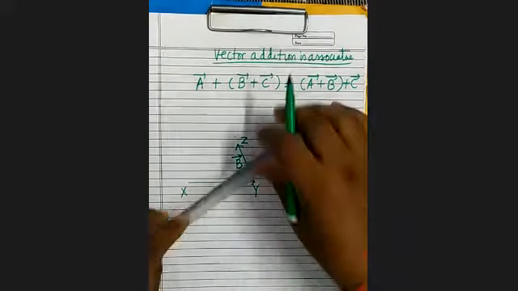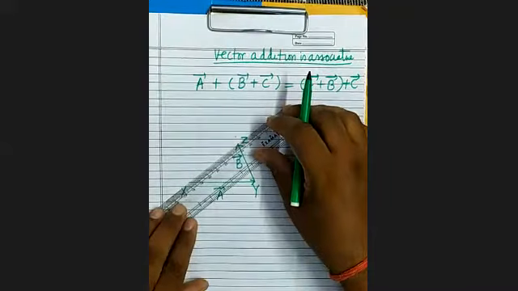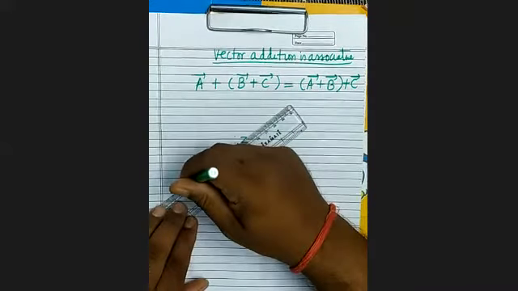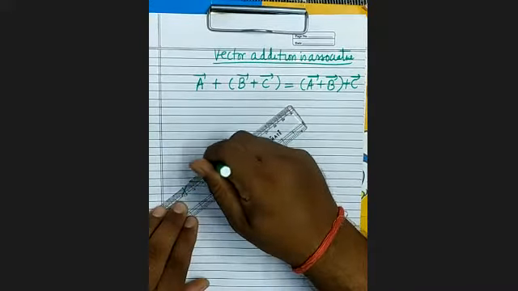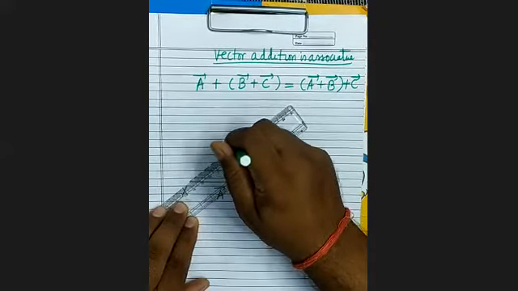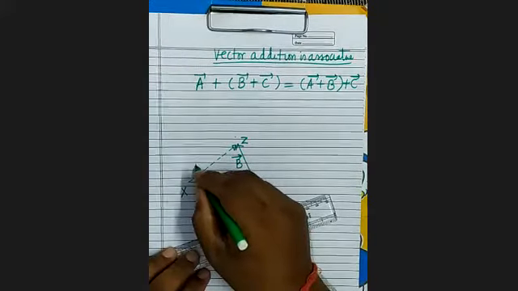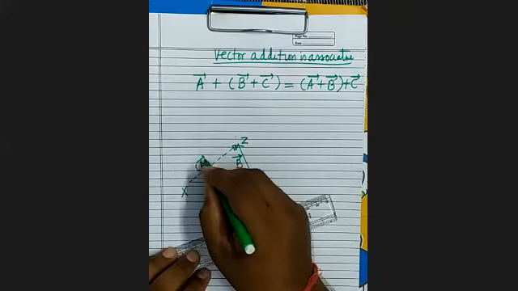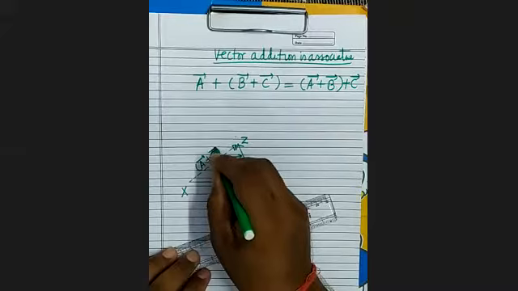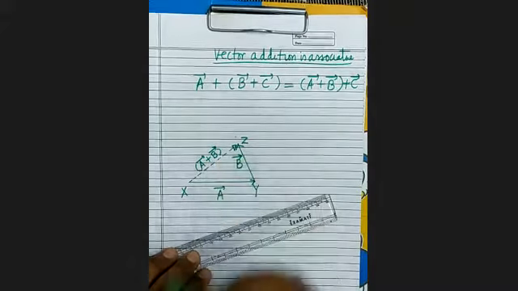It will be represented by XZ. XZ will represent vector A plus vector B, I am writing. Is it clear?